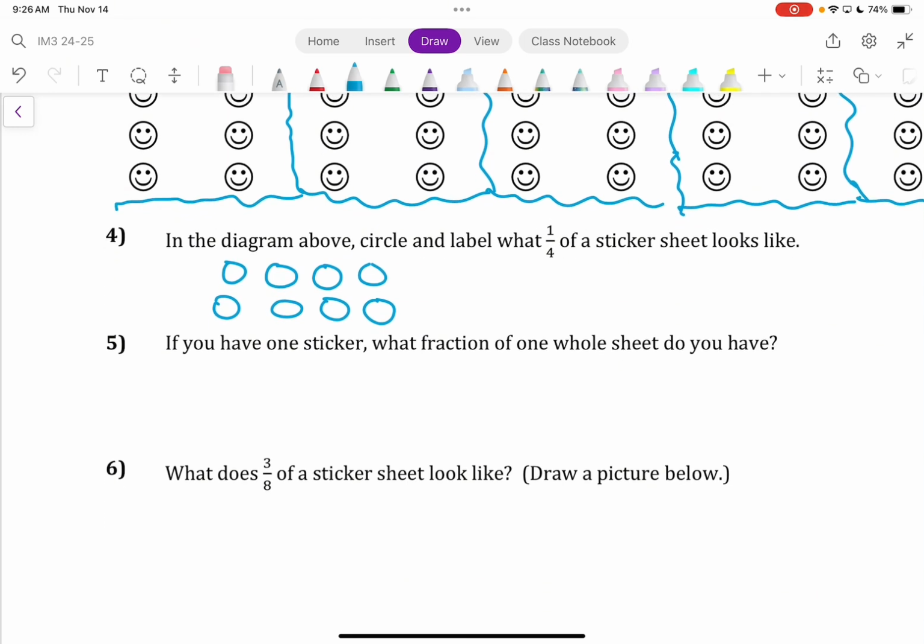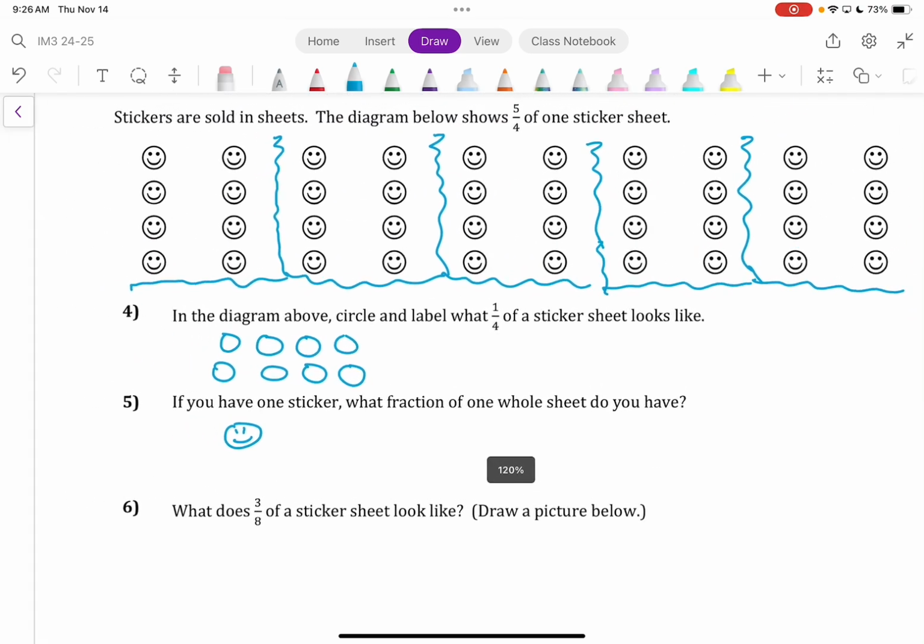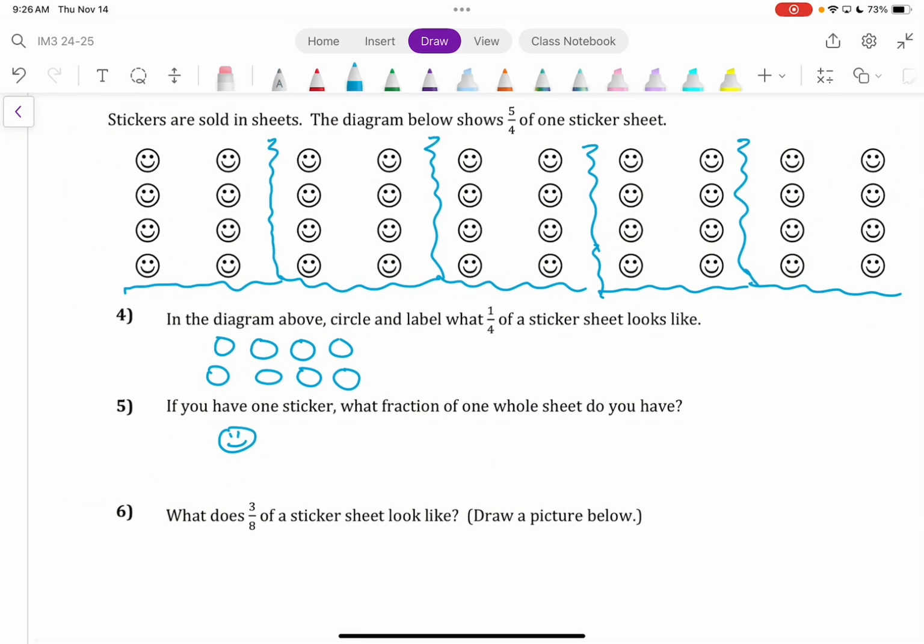Okay, if you have one sticker, what fraction of one whole sheet do you have? So one sticker represents what? Well, first of all, let's talk about what exactly is one whole sheet. 40 stickers is 1/4 more than a whole sheet. If we know that each group needs to have 8, then I would have 8 plus 8 plus 8 plus 8, giving me a total of how many stickers?